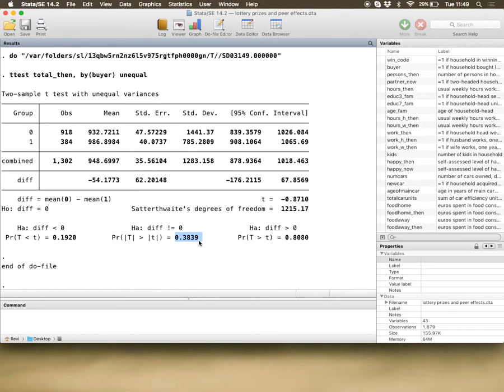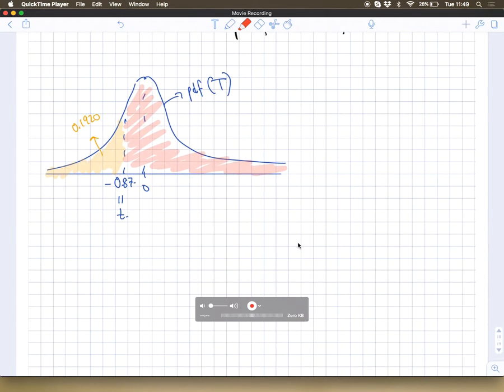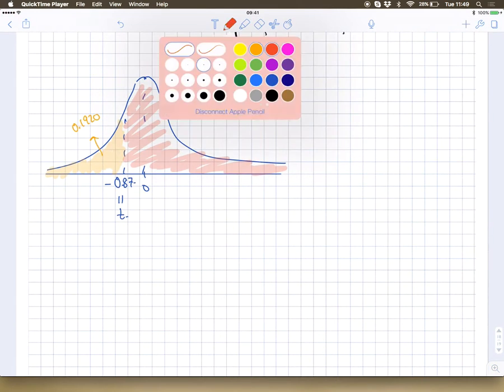Double, if the t statistic was negative. What if the t statistic was positive? This thing here would have been the double of this side here. Okay. So if I go here, where do I find the p-value of the two-sided test?